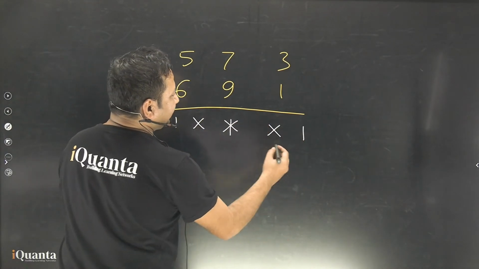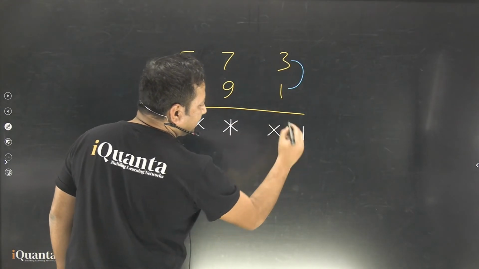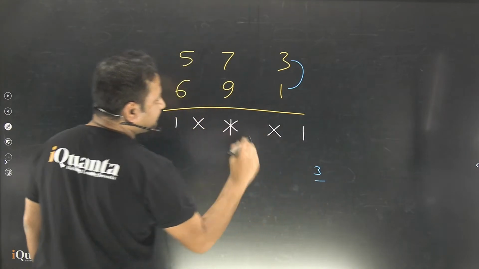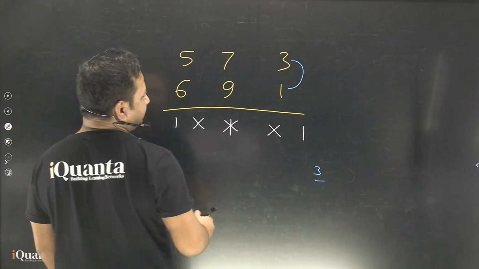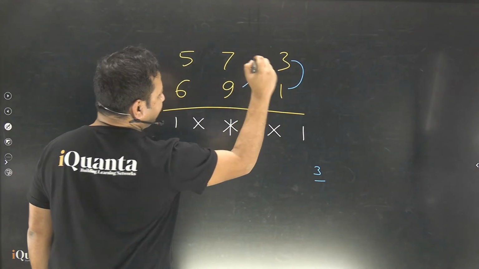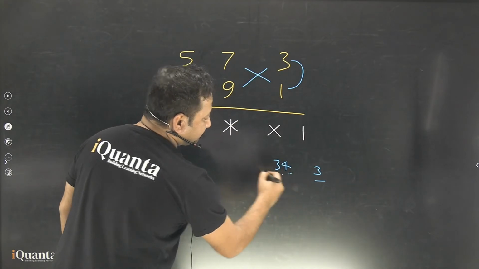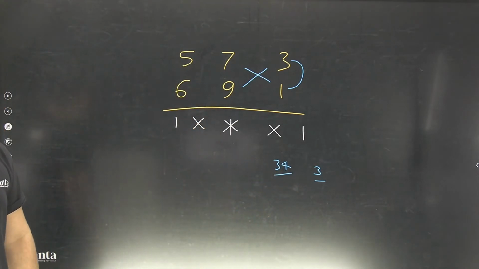1 from the right, that is 3 and 1. 3 ones are 3, I just wrote that. 2 from the right, that is 7 multiplied by 1, 9 multiplied by 3. 7 plus 27, we get 34. Okay? All right?